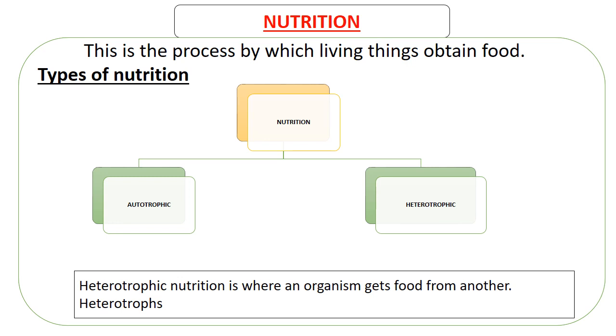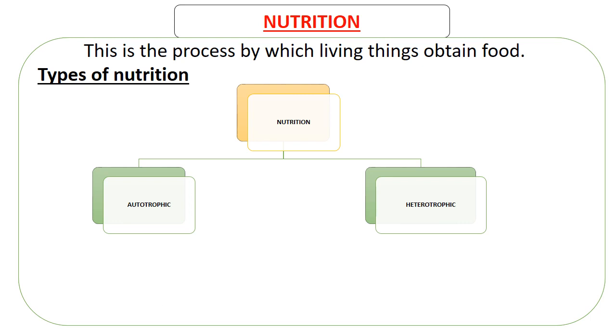Our bodies don't make food. How nice it would have been if we could just stand in the sun and somehow make food. But no, you have to work. We're not plants. Therefore, heterotrophs have to eat food that is present in other organisms, in plants, for example. So that's what heterotrophs do.